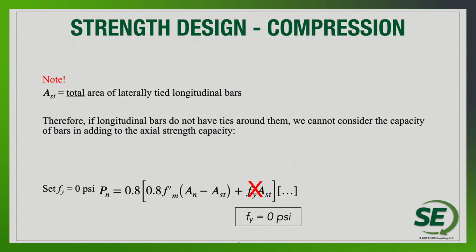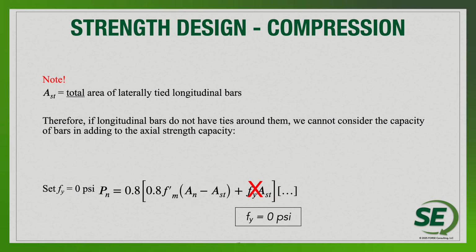But then also if you have a wall element where you don't have any ties containing reinforcement, we can reduce the equation even a little bit further to 0.8 times 0.8 times f'm times the net area of concrete masonry minus any small areas of steel that you would have for design.